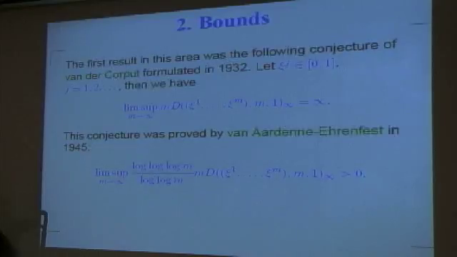But the original problem was that we take a sequence of points, and this sequence is given. And now we look at the discrepancy for the first m, how they behave. And this is the univariate case. The conjecture of van der Corput was about this lim sup, that it behaves like that.